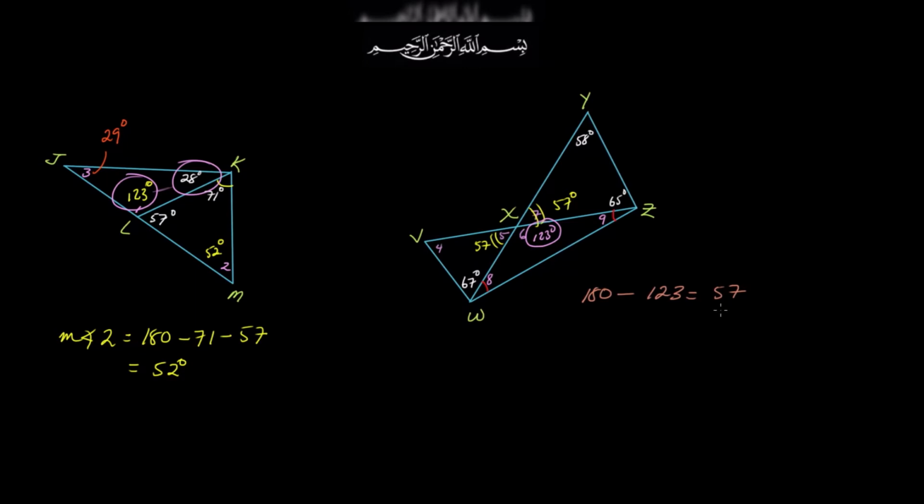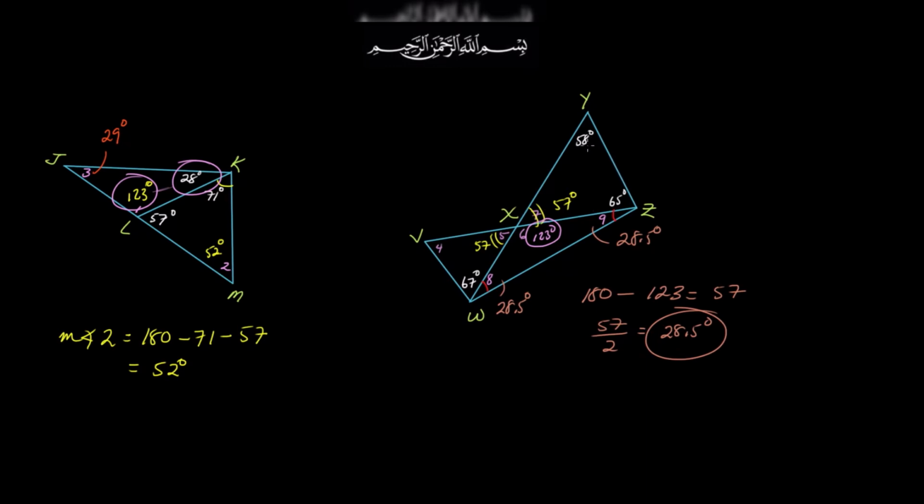So if you divide 57 by 2, I get 28.5 degrees. So each one of them is going to be 28.5 degrees. That's 28.5, that's 28.5. I hope I did that correctly, because I'm just doing it along with you.